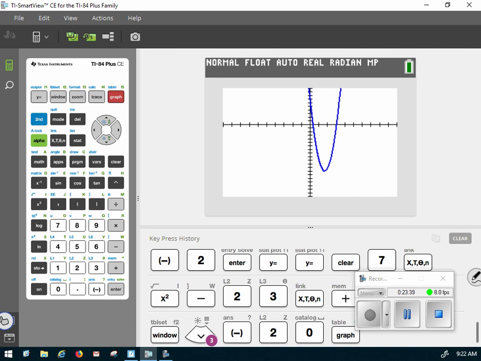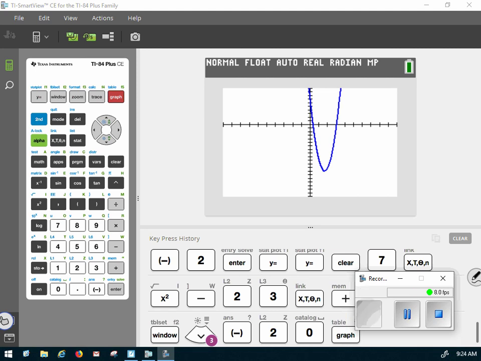Now, what did we synthetically divide by? What did we divide by? What was in the box when we divided that?